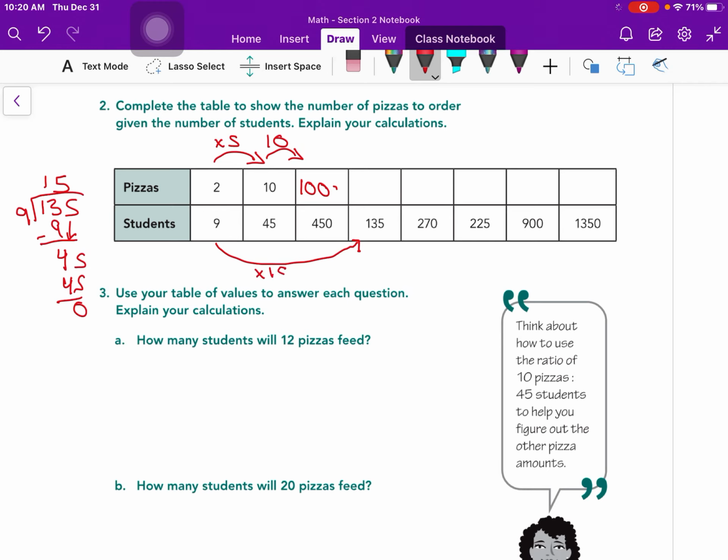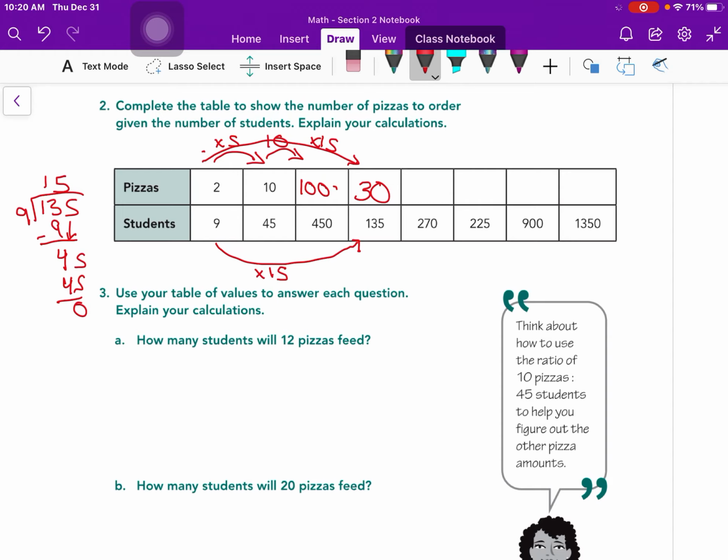All right, so I know that if I take 9 times 15, I can get 135. Well, that's great. That must help me get up here, and I can take 2 times 15 to get 30. I think that works. Definitely going to be an equivalent ratio.